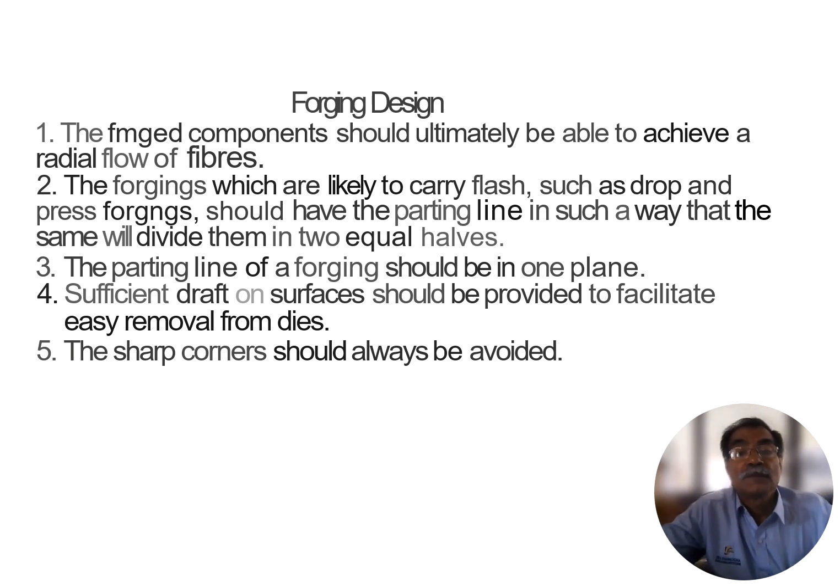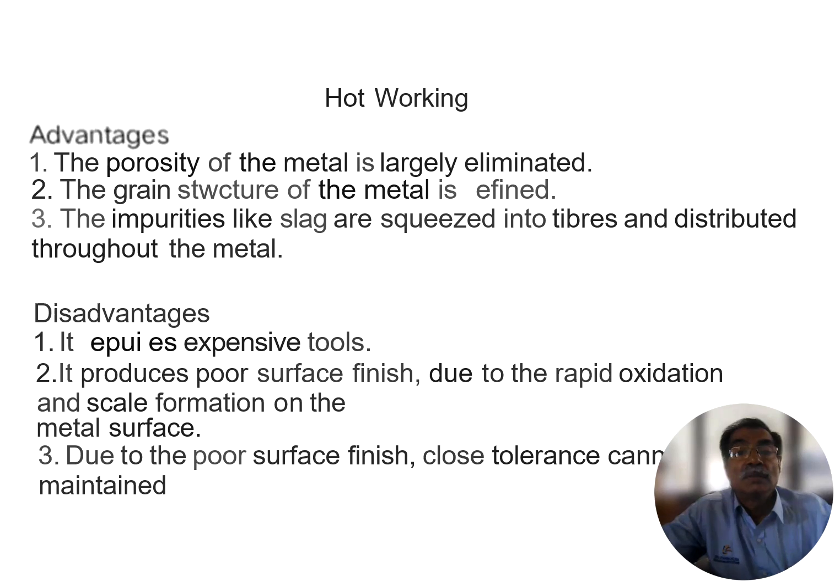Next one is hot working. Hot working means working of the metals above recrystallization temperature. This temperature should not be too high to reach the solidus temperature, otherwise metal will burn and become unsuitable for use.